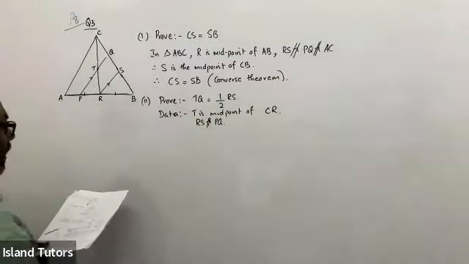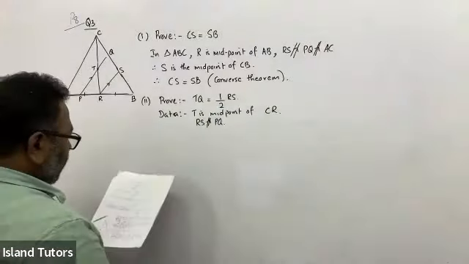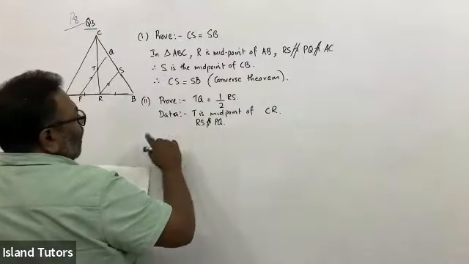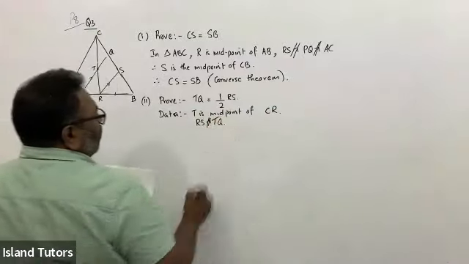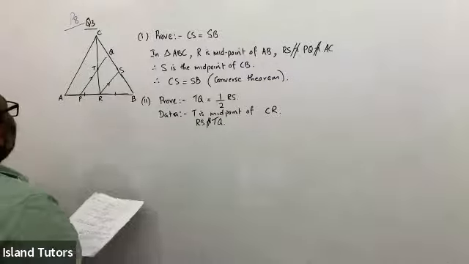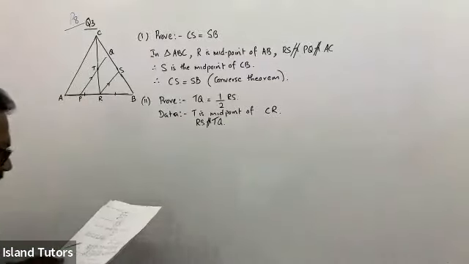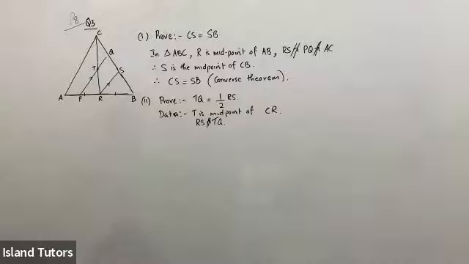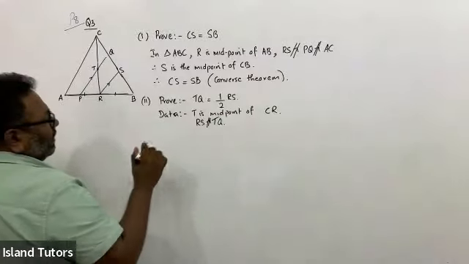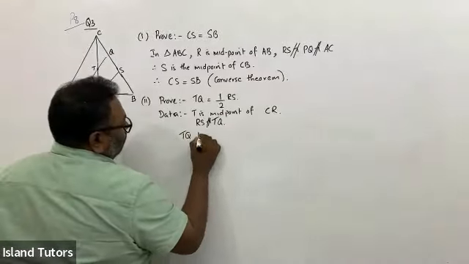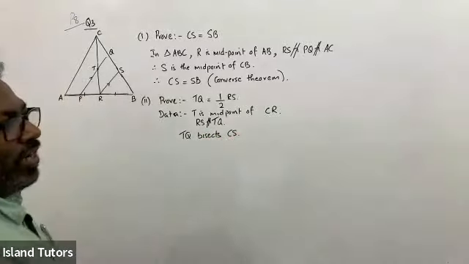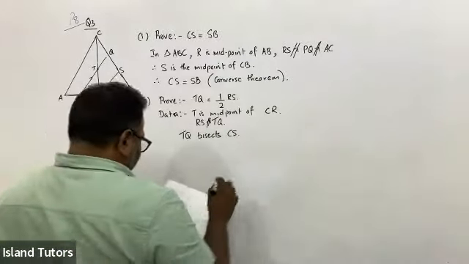Okay, so T is the midpoint of CR and TQ is parallel to RS. TQ bisects CS, according to the converse theorem.